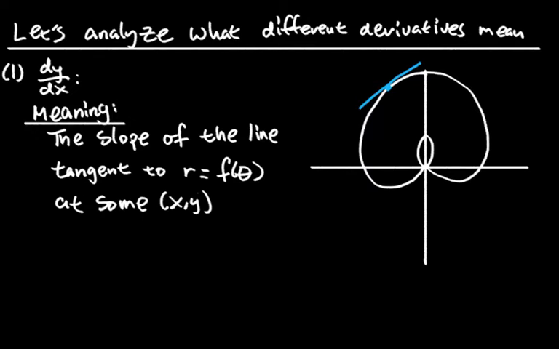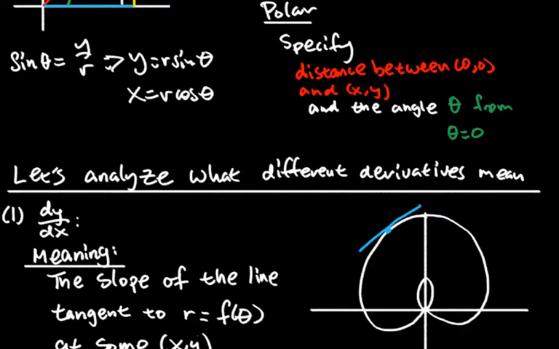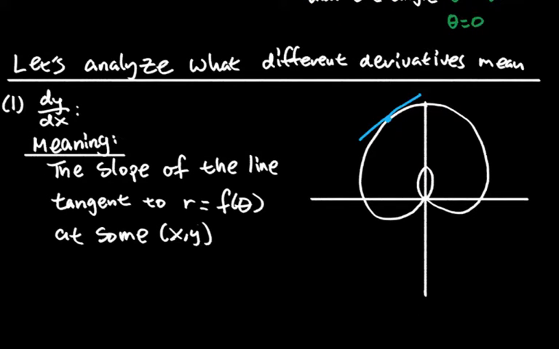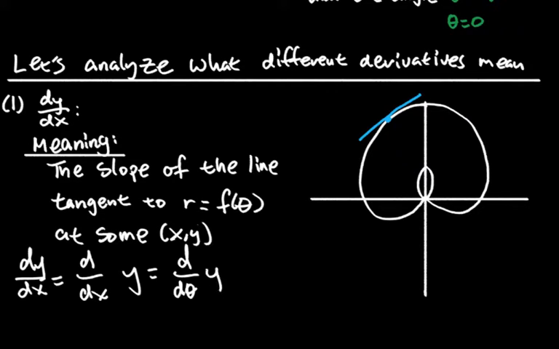So dy/dx. We have functions of theta, right? So we have y equals r sine theta, x equals r cosine theta. So if we're doing dy/dx, that's doing d/dx of y. But y is a function of theta. So what we're really doing is d/d theta of y, and then chain ruling the inside. So the inside has thetas, and we want x in the end.